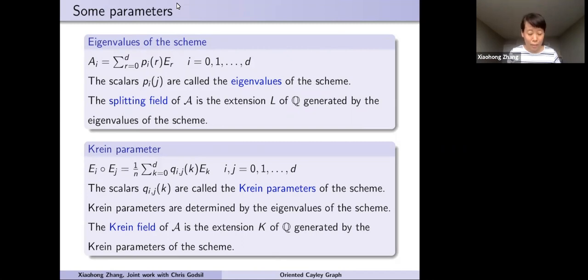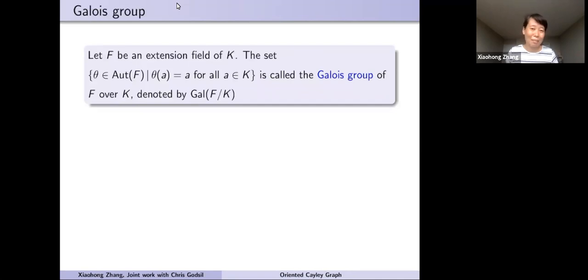It's called the Krein field. So we will have the field Q, the splitting field L, and some Krein field K in between. It might be equal to Q. For these field extensions, one tool that comes to mind is the Galois group. So we have two fields, one is a subfield of another.